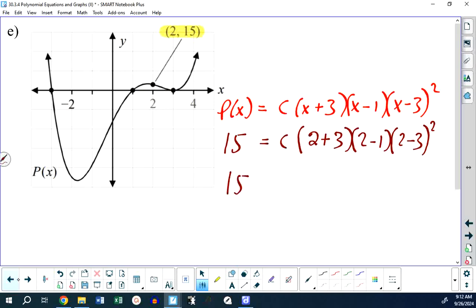So this is 15 equals, well, I have negative 1 quantity squared, which gives me 1, times 1, which is 1, times 5, I get 5c. Which means c is equal to 3. And now we know the equation of the polynomial function. We just have to write it out.